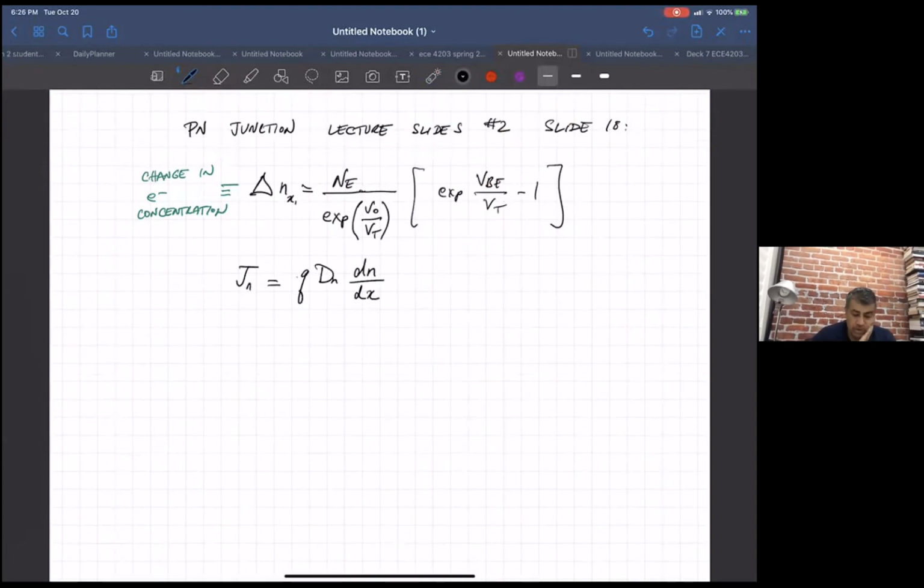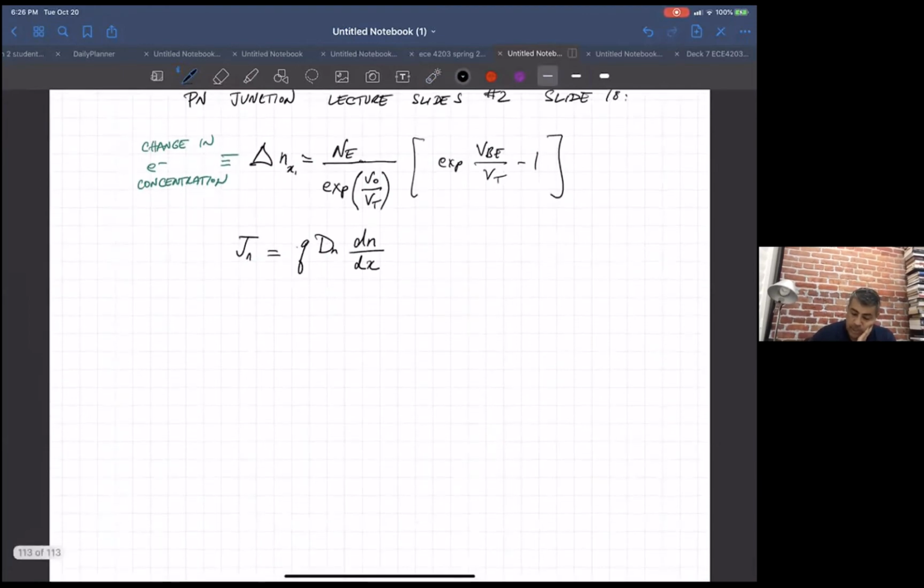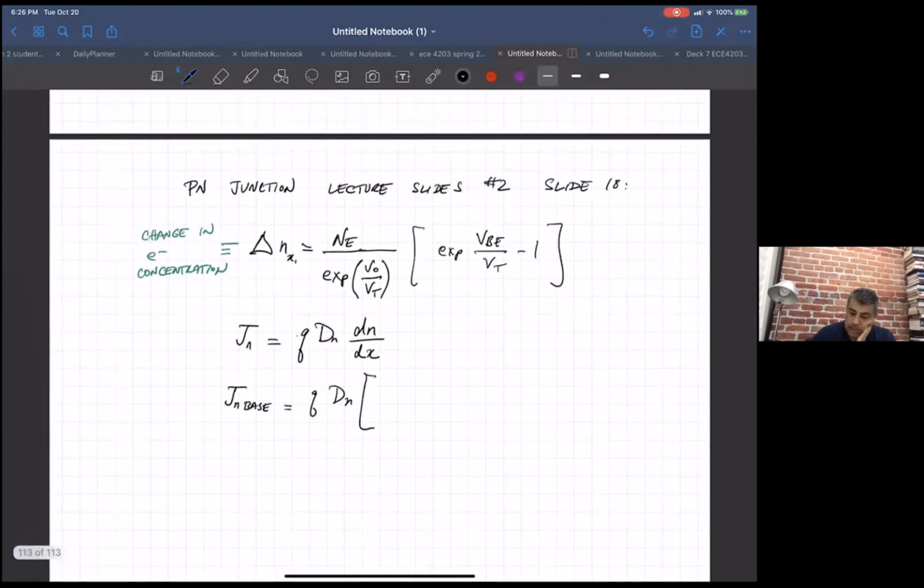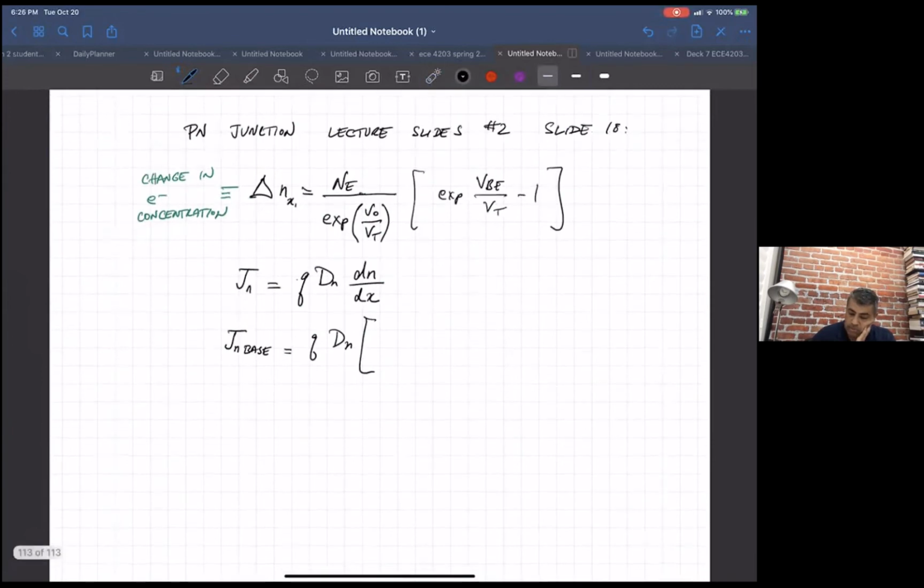Okay, so if I use that same equation here, if I look at it as a current density of electrons in the base, it's going to look like Q D sub n, from x2 to x1.